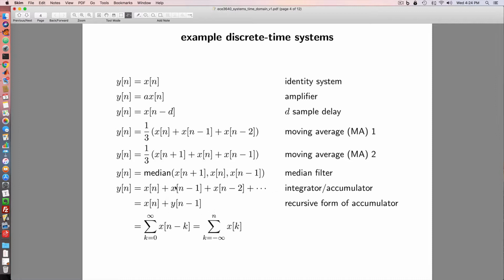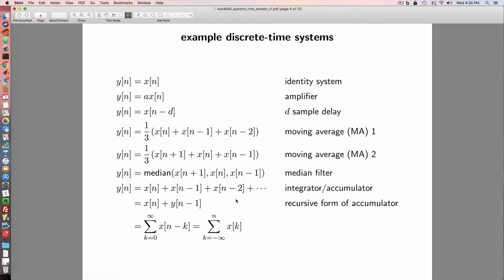You could write that in a recursive form: if y of n minus 1 is the sum of all the samples up to time n minus 1, you could get the updated accumulated value by just taking the old accumulated value and adding the newly observed sample. These summations show you two other ways you could write down the same thing.